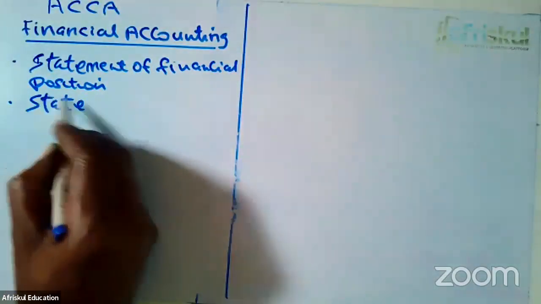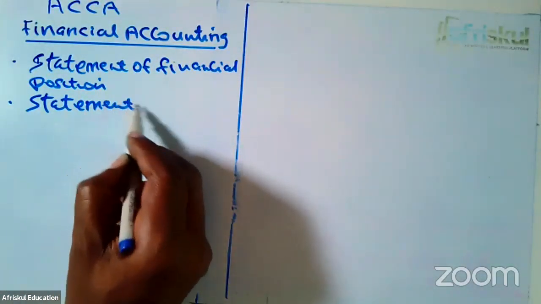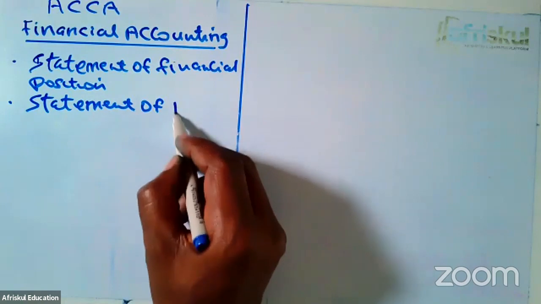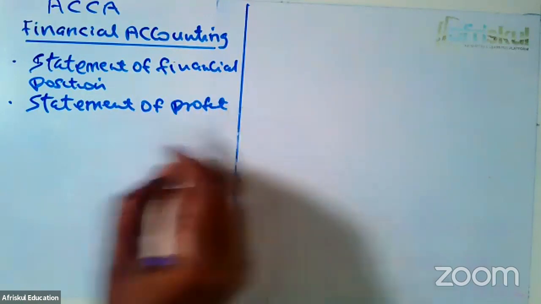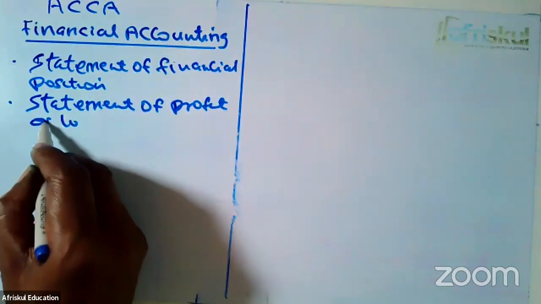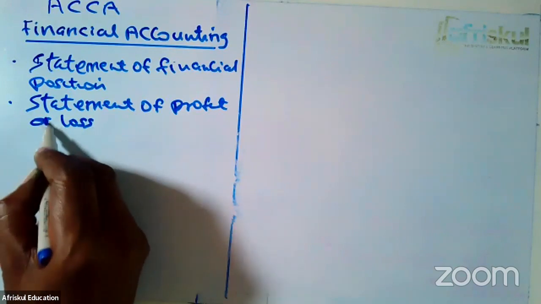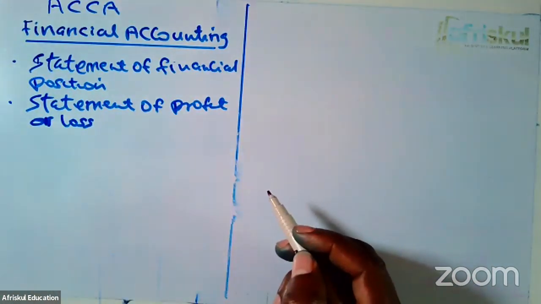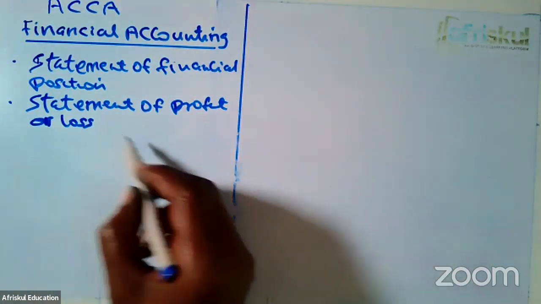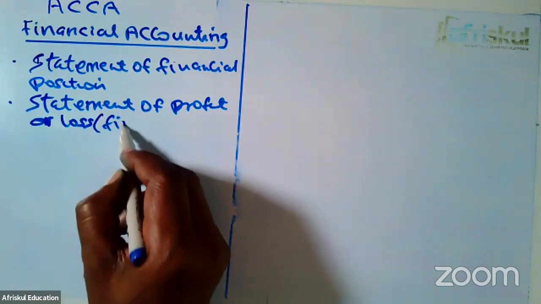Then we have the statement of profit or loss. Statement of profit or loss, we also term it a statement of financial performance.